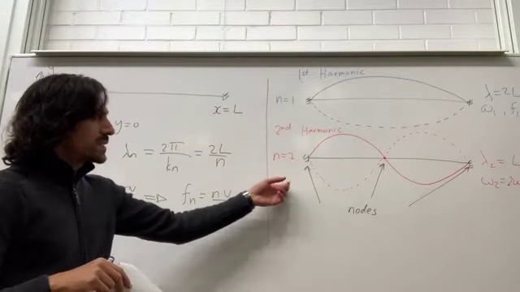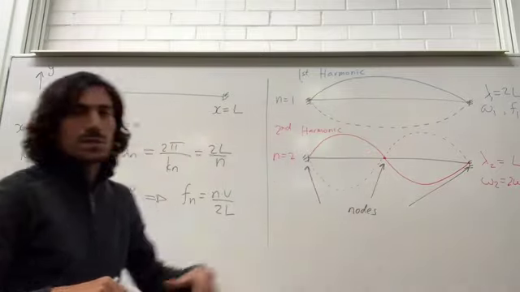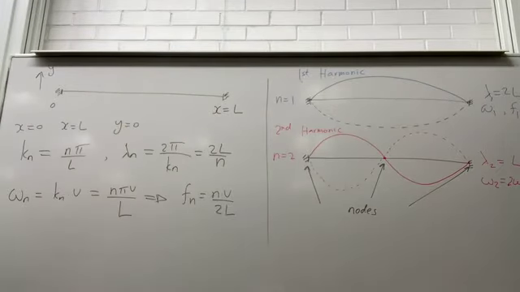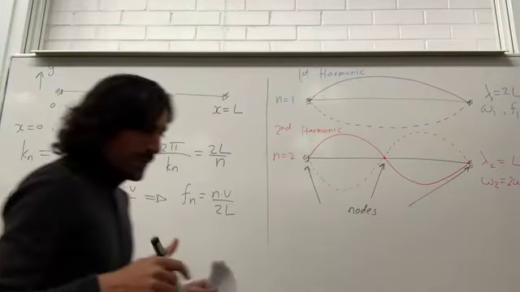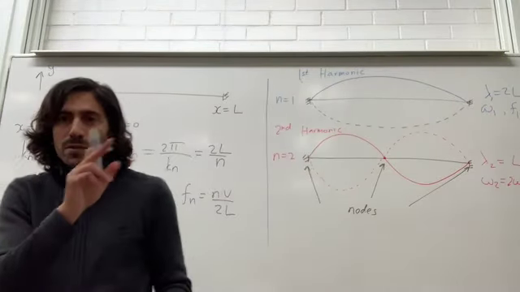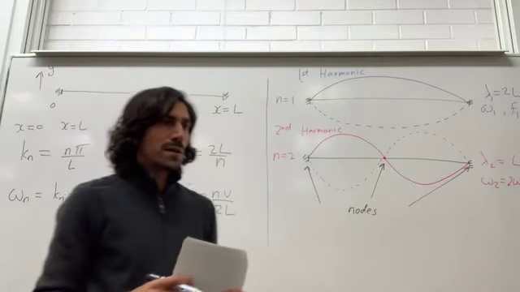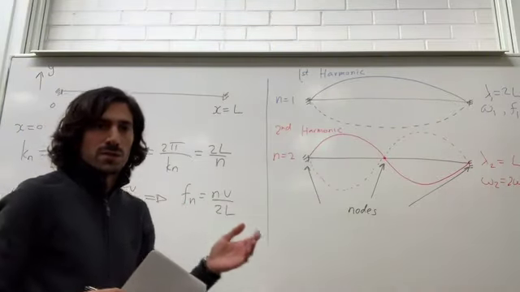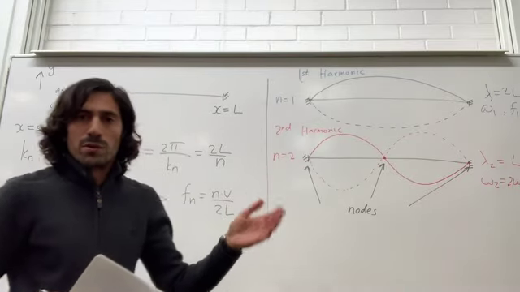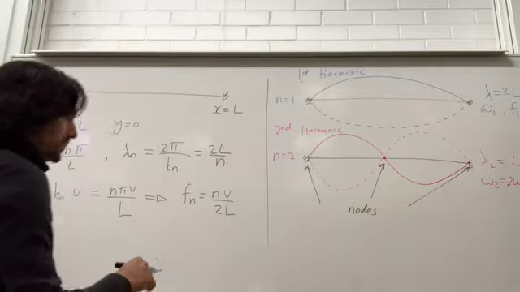So the next harmonic, the third harmonic, we would expect to have 2 nodes, and then 3 nodes, and so on. So if for some reason you see a standing wave somewhere, and you calculate the number of nodes in the middle, apart from the sides, you know that the harmonic number is 1 higher than the number that you calculated.